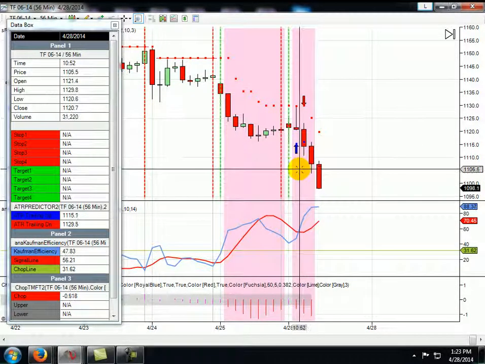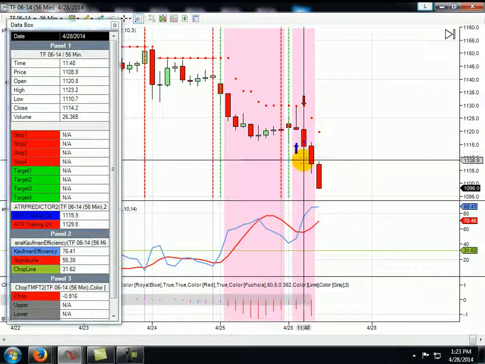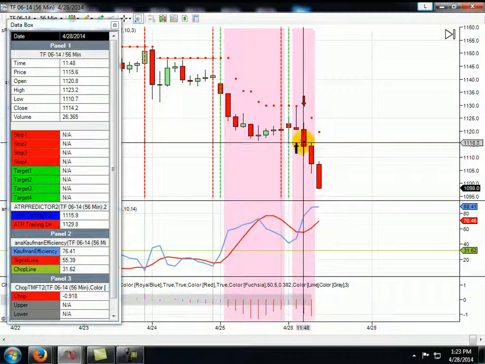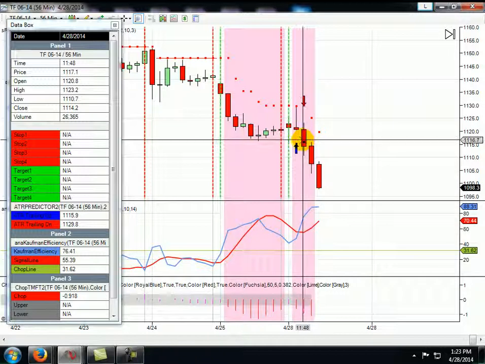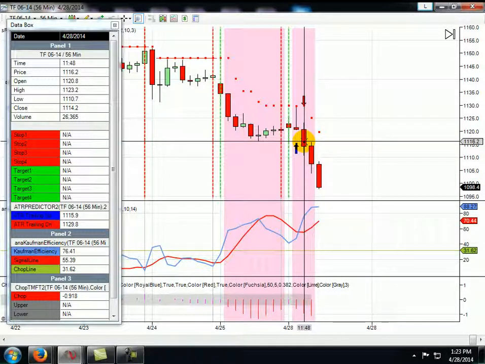You see we've got our efficiency line crossing our signal line. We're above the chop line. So we get in at the open on this bar, which is, let's see, 1120.8.